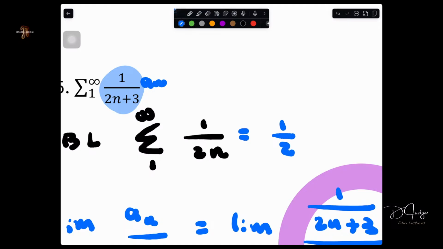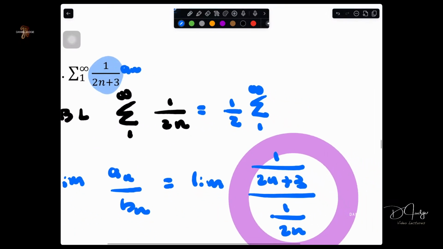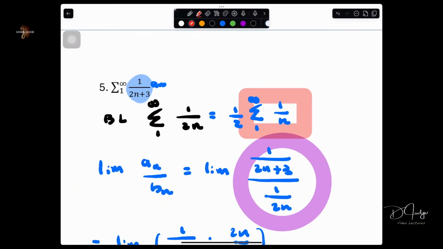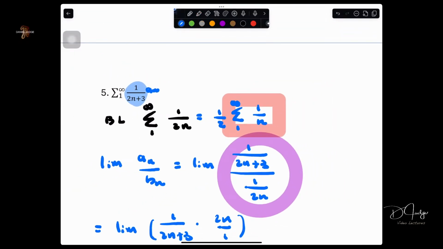Now, I'm going to pull out the 1/2 constant by properties of series here. You got 1 over n, and we know this particular series diverges. This is the divergent harmonic series, the very famous harmonic series. So 1/2 times infinity is infinity.